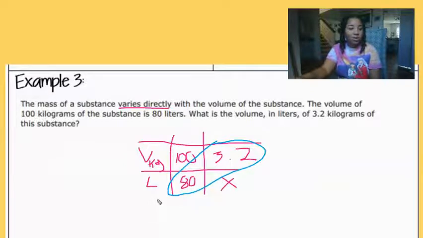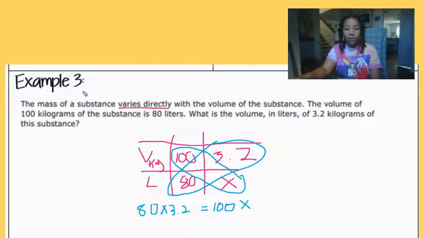Or you can just write it as an equation. Okay, I learned that from Miss Lehman. And that helps students to figure it out. So you can just do 80 times 3.2, and we know that that's also going to equal 100x. But we got to solve for x. So we got to figure out what is 80 times 3.2.